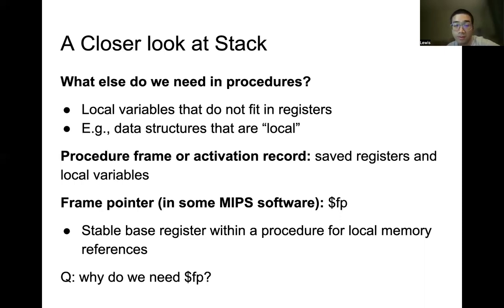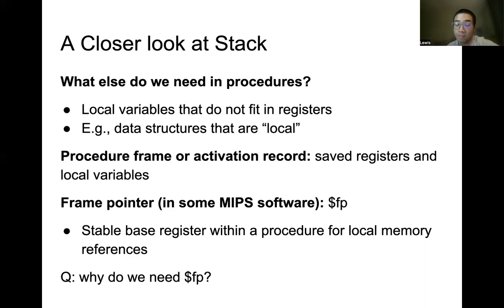We might need to have some local variables that are not stored inside a register. Those are called local data structure or local variable. So that's also called procedure frame or activation record that we need to deal with or we will need to use inside the procedure.